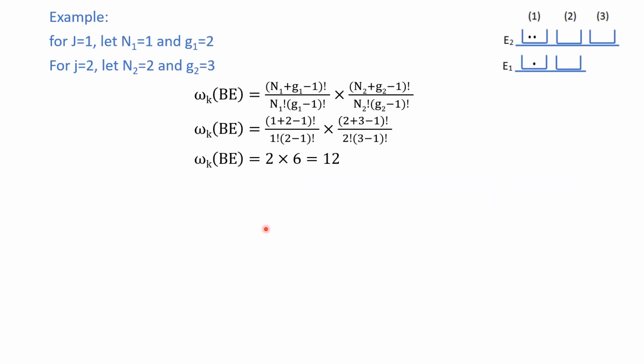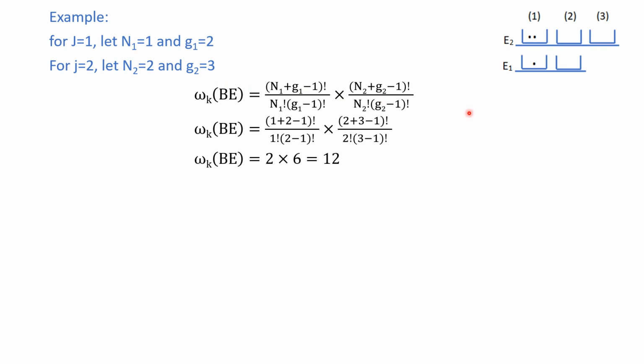This product rule could be explained by this simple example. For example, we have two levels, E1 and E2. In E1, we have one particle and two energy states. That is, N1 is equal to 1 and G1 is equal to 2. In the second level, we have two particles and three energy states, so we represent it by N2 is equal to 2 and G2 is equal to 3.